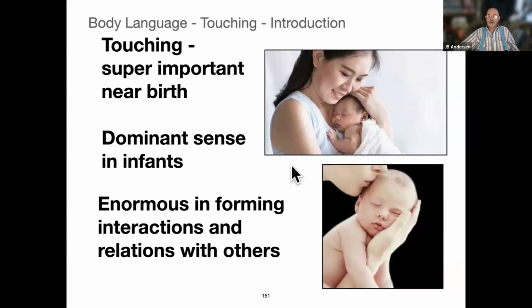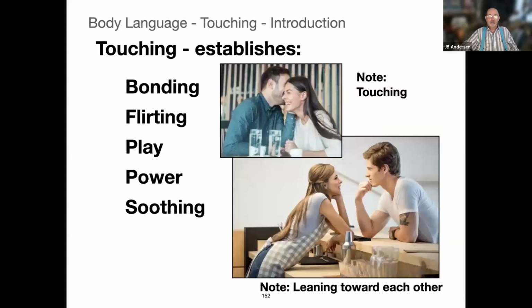And it's very important, this touching during the early stages of life. It's important in forming interactions with other people, relationships with other people. There are some cultures who, at birth, wrap a child very tightly in a blanket, because they know that this is important to the child.